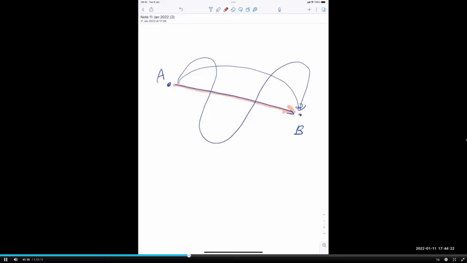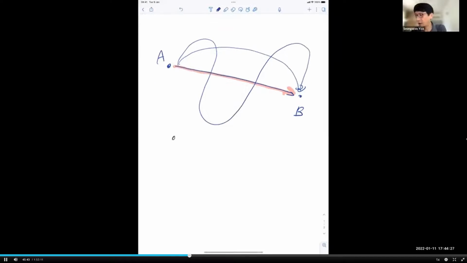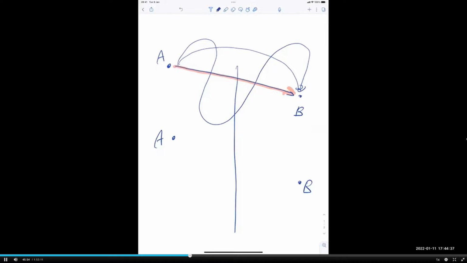Now, let me draw a new diagram. Here we again have a point A and a point B, but in the new case, point A and point B are separated by this boundary. In other words, point A is in a medium with refractive index nA, and point B is in a medium with refractive index nB, and nA and nB are different.